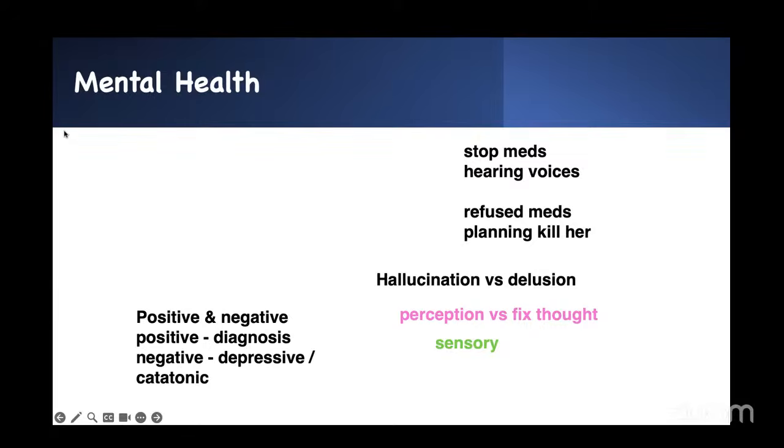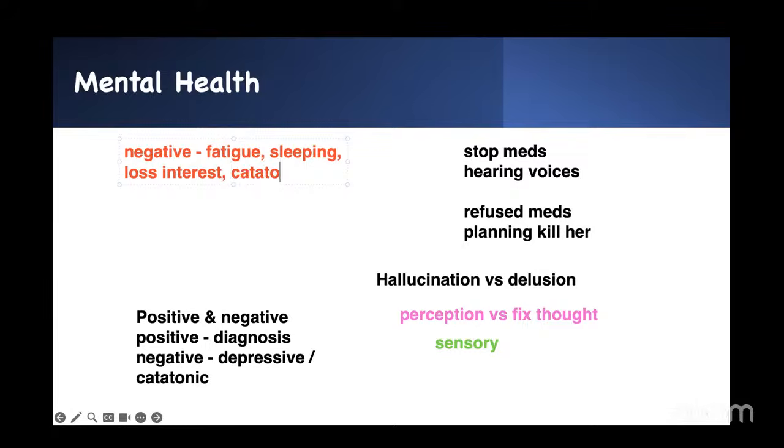That will be my negative symptoms. So negative, anything that looks like depression, right? The fatigue, right? You don't want to eat, right? They're sleeping too much. They lost interest in things. Those are all depressive symptoms.